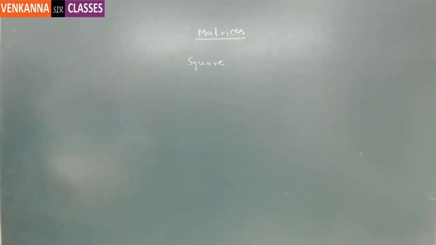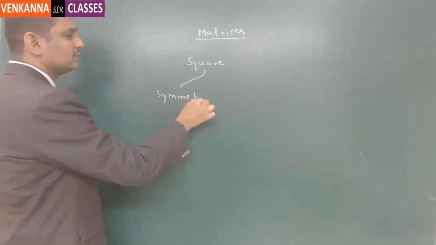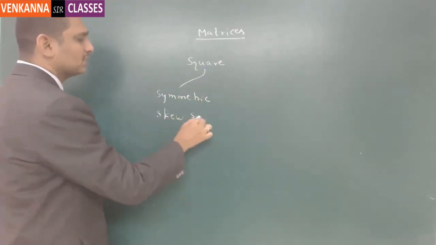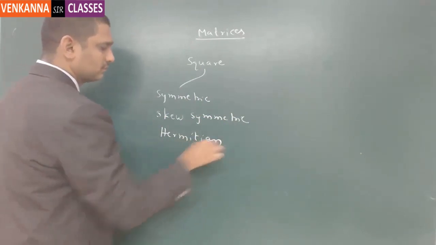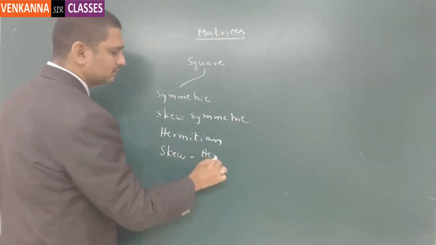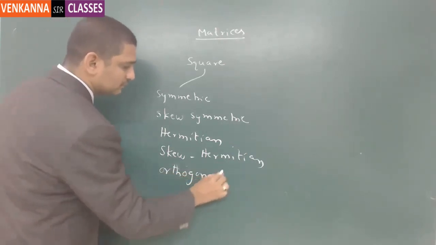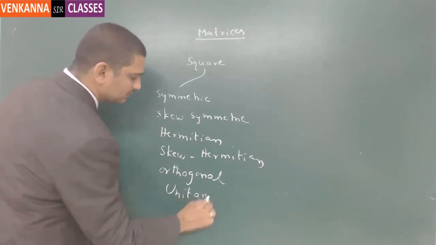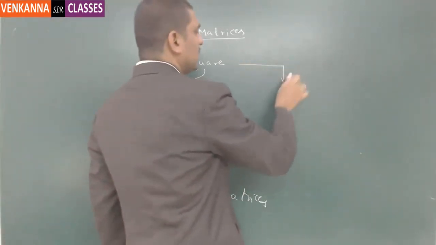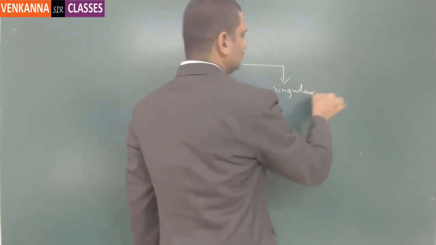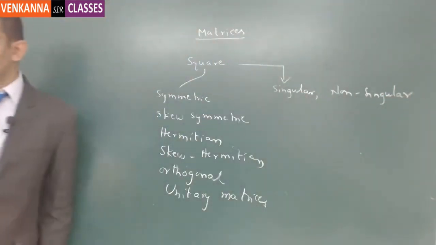If you consider the types of matrices under the square matrices category, you will have symmetric matrix, skew symmetric matrix, Hermitian matrix, skew Hermitian matrix, orthogonal matrix, unitary matrix, and singular and non-singular matrices, and these properties are known to you.